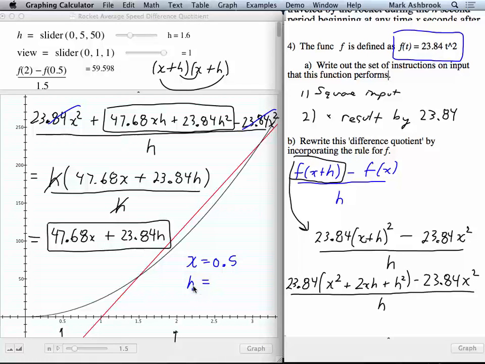Is h 2? No, it's the change, right? So 1.5. So put in 0.5 and 1.5, and what do we expect to get? This same number right here. Do it. See if you get it. If you put in 0.5 and 1.5, we should get the same 59.6 for the average speed.